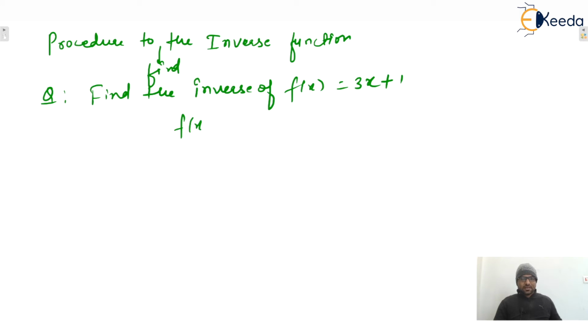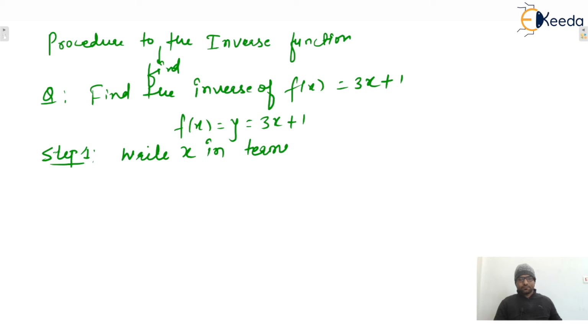So f of x can be assumed as y equals 3x plus 1. What is step 1? Write x in terms of y. So 3x equals y minus 1, so x is y minus 1 divided by 3.